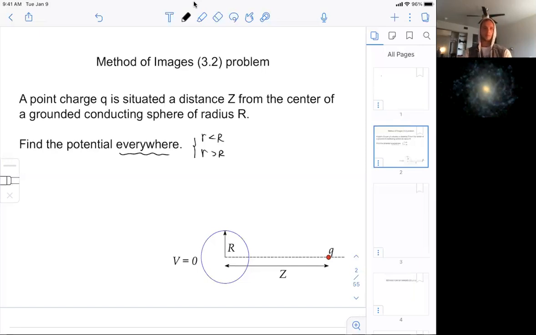So where do you think we should put this image charge? Here or here? What do you think? Inside the conductor at r less than R, or outside at r larger than R? Is it supposed to be in this?